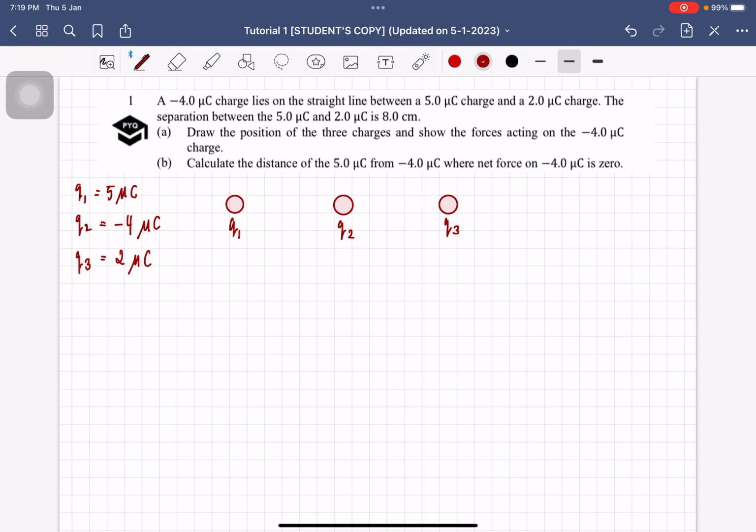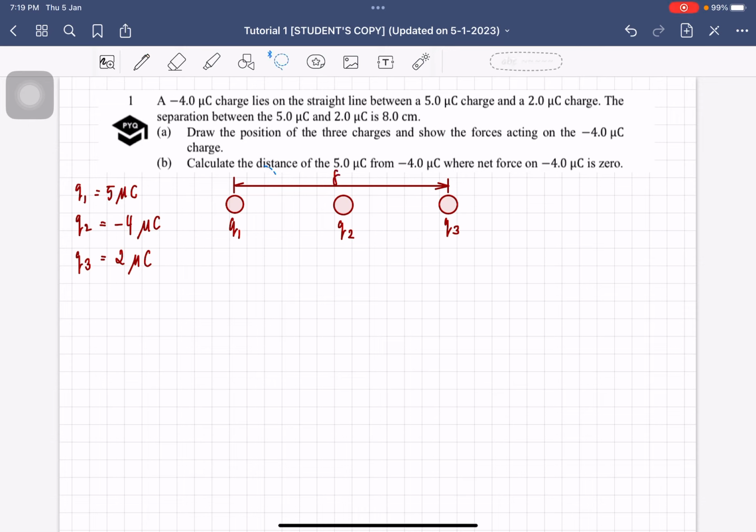So now this is the situation, and what we know is the distance between these two charges is 8 centimeter.